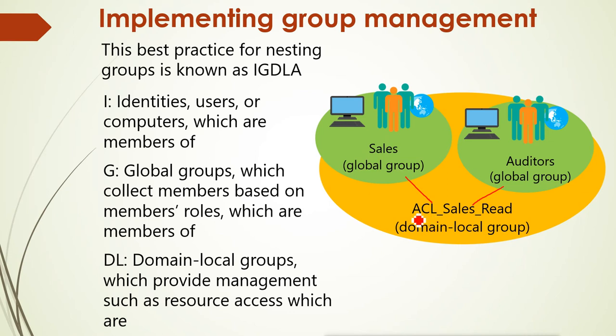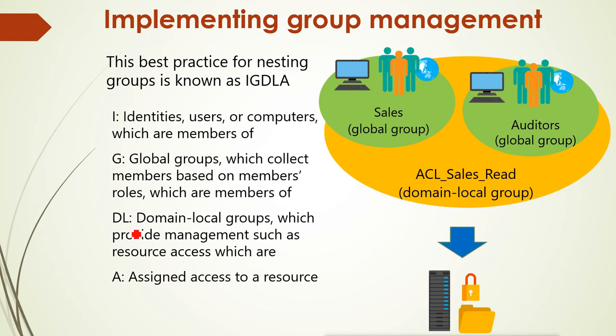And domain local groups provide the management, such as resource access, which are under the domain. And then what? We do the assignment. Assigned resources. So finally we give the access to the resources, whatever resources we have: computers, servers, files, data. So this is the best practice to do the nesting.